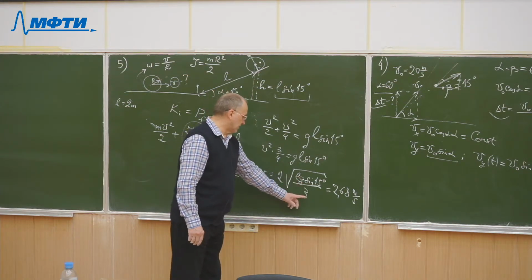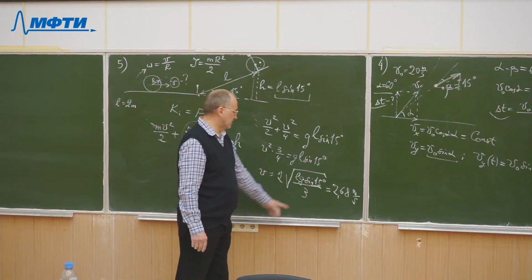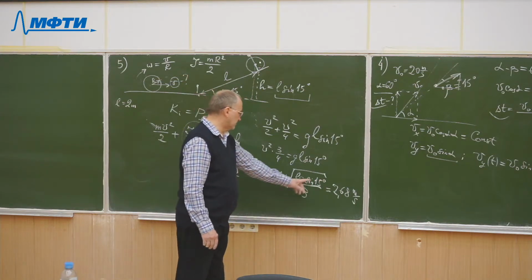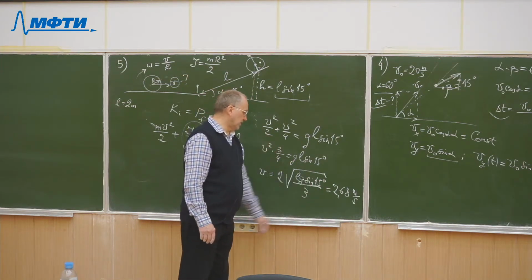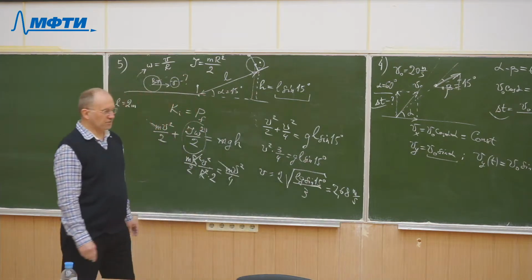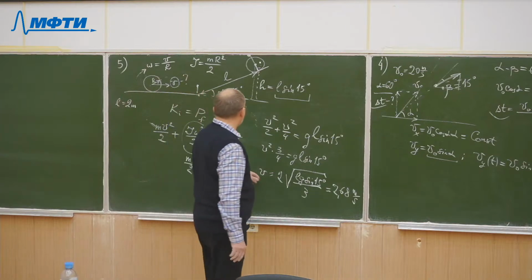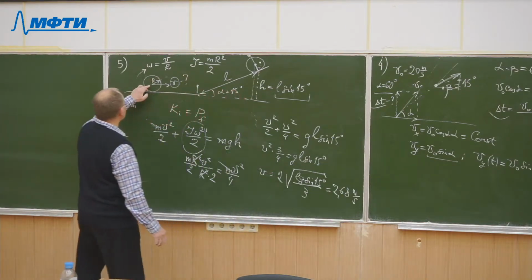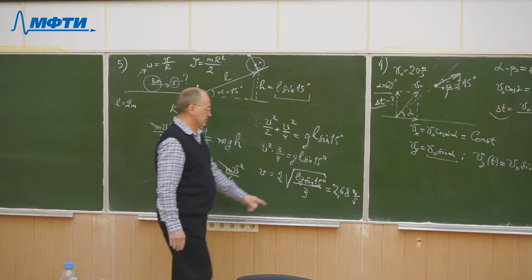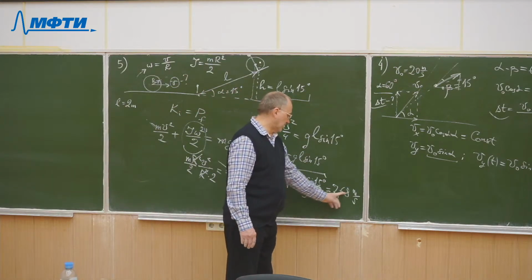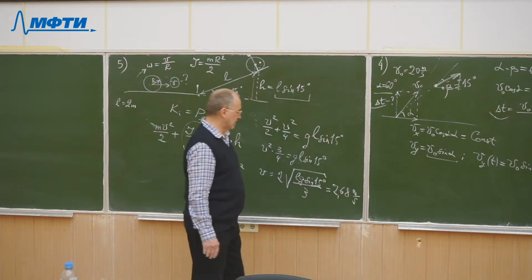So 2 times 10 divided by 3, and sine of 15 degrees is easily found using a calculator. If you take the square root and carry out all these calculations, you will find that the original velocity of this disk, the initial velocity, was just a little bit less than 3 meters per second.